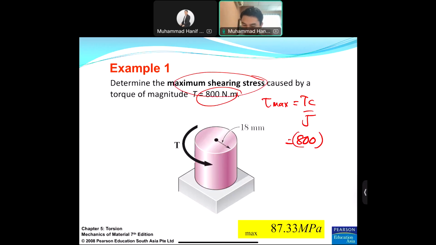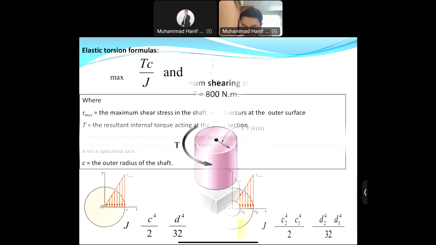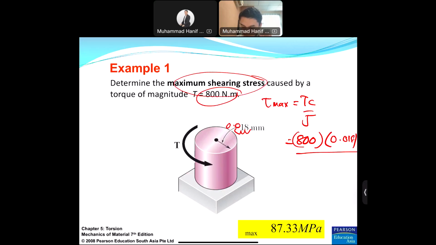C is the maximum one, which is 0.018, and J you have to calculate using the formula for the polar moment of inertia, which is pi c power 4 over 2.